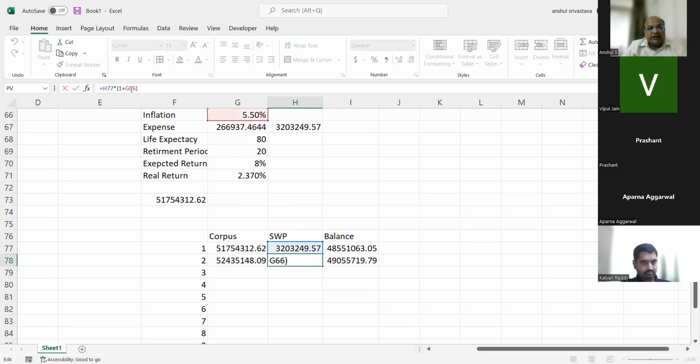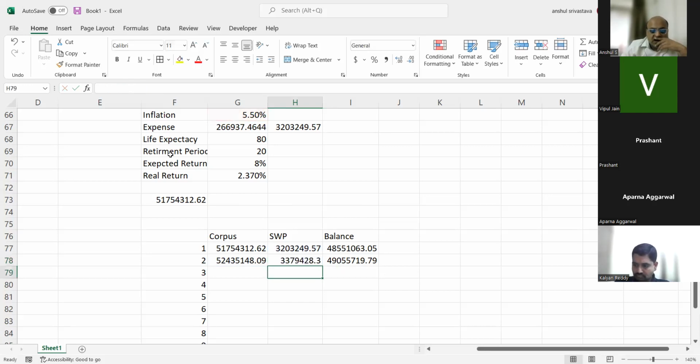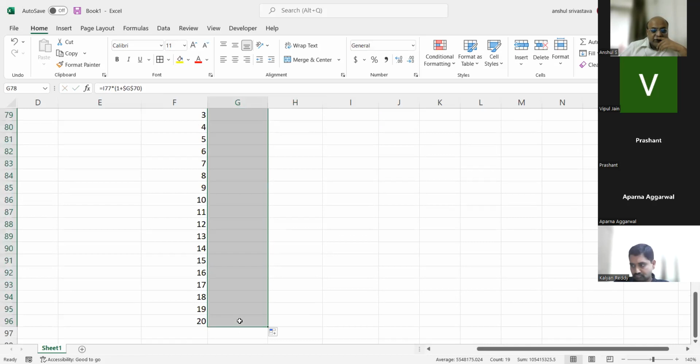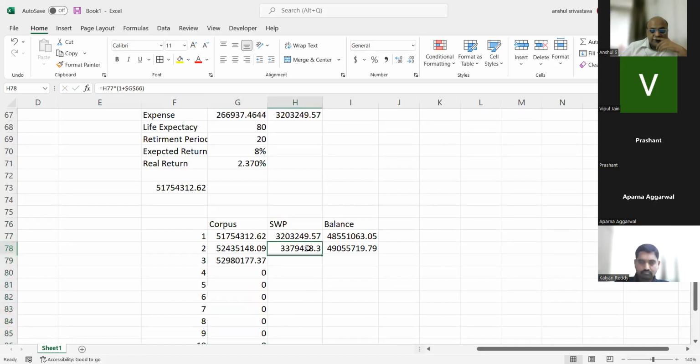Inflation and expected return, correct. So you'll have to fix those cells. This cell I've already fixed. Then you don't have to do anything. You have to simply drag it down and hope that at the end of 20th year, our balance comes to 0.